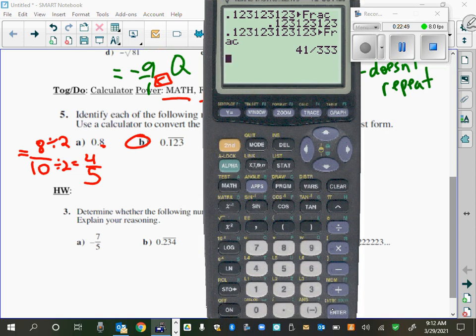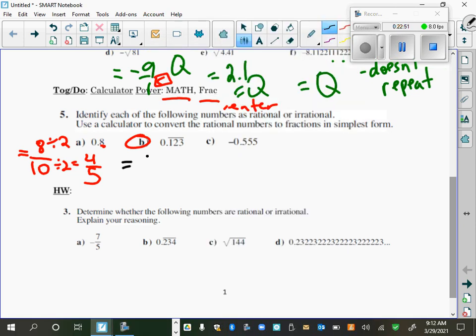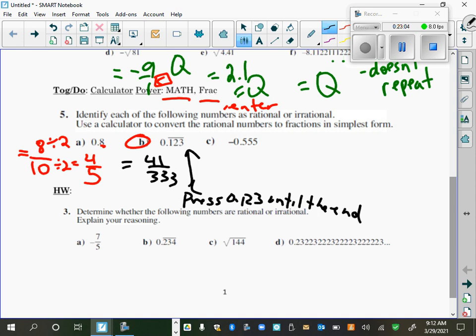Okay, so let's write that down. Equals 41/330. So write down, press 0.123 until the end of the screen, not to the end of the world. Okay, do C now, please, with your calculator key.